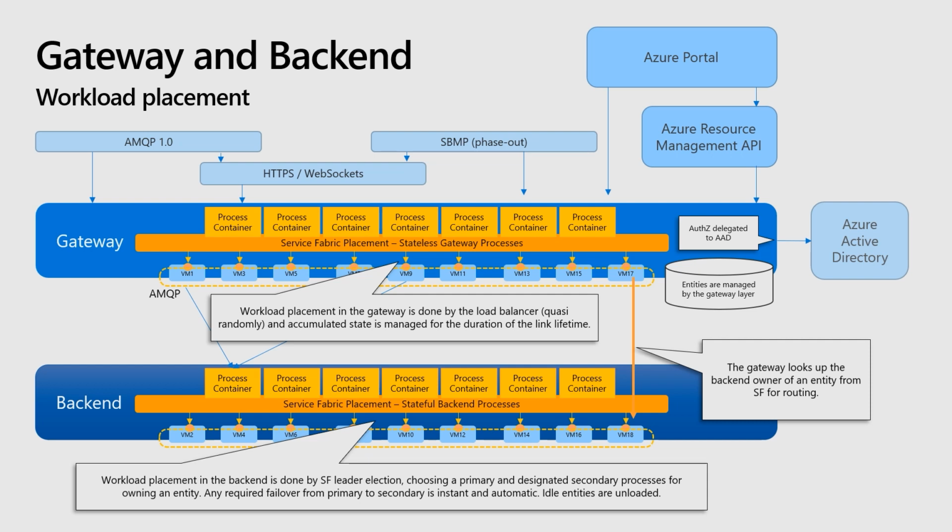And so when a request comes from the client to the gateway, it creates a connection, and then there's this routing that happens, which then goes and lands in the process container that then is managing that queue. Completely automatic. Now, also important for the placement is that every primary also gets a secondary.